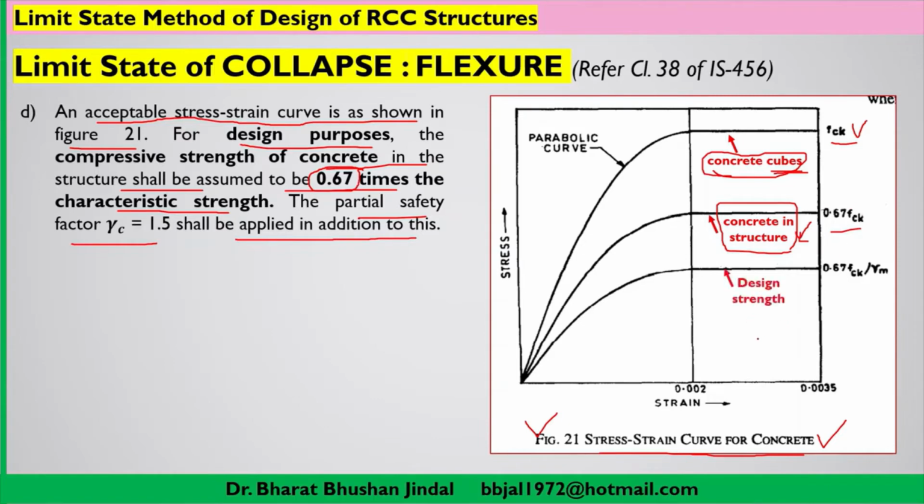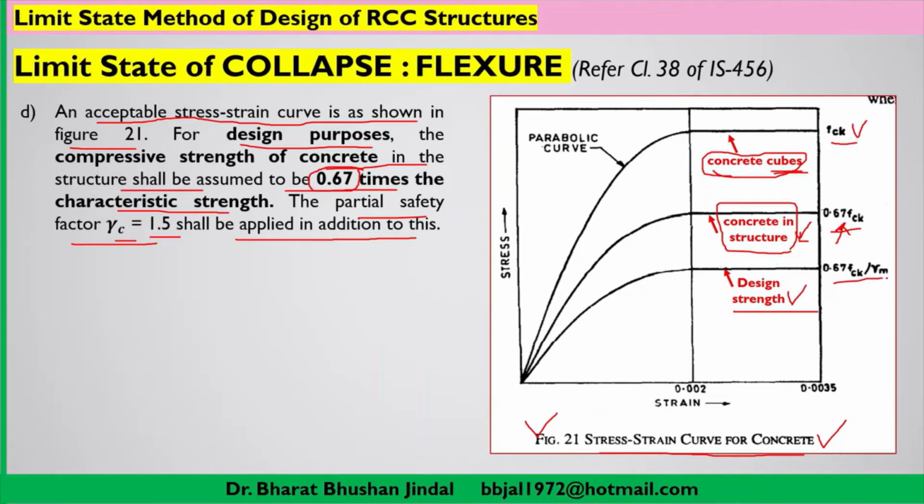Now the third graph is for design purpose. It will give you the design strength. Now how will you get the design strength? You take 67% of the characteristic strength, and then you apply the partial safety factor for material, that is partial safety factor gamma C for concrete, 1.5. So the compressive strength of concrete in the structure, which is going to be utilized, you are dividing by the partial safety factor.